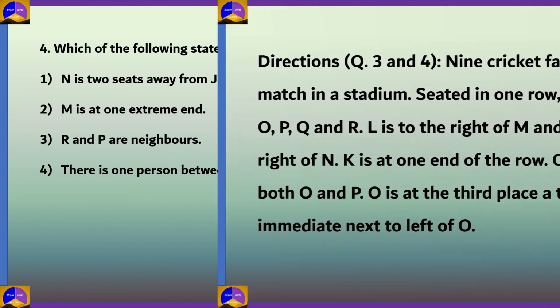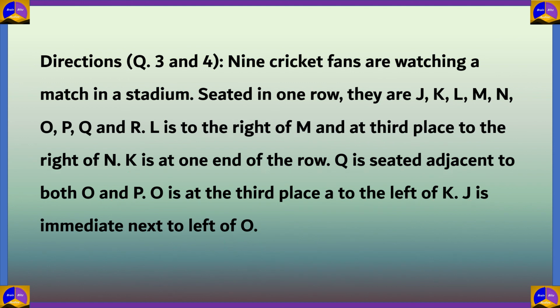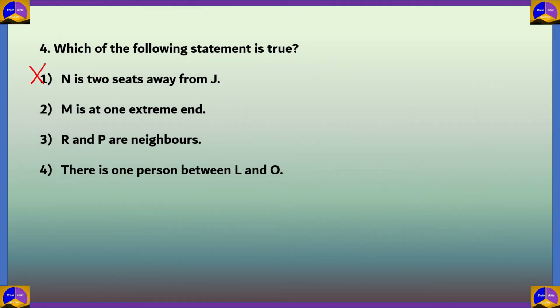So if we look at the right side, 2 seats away from J is P. While to the left side, 1, 2, so R is 2 seats to the left of J. In neither side is N 2 seats away from J. So option 1, N is 2 seats away from J, is incorrect.